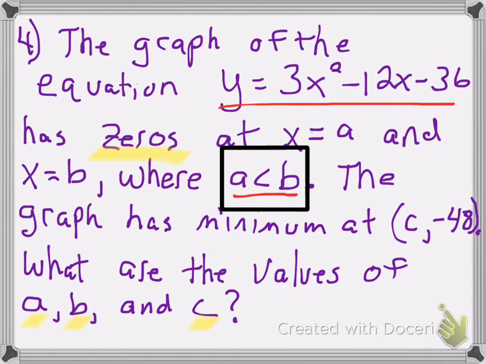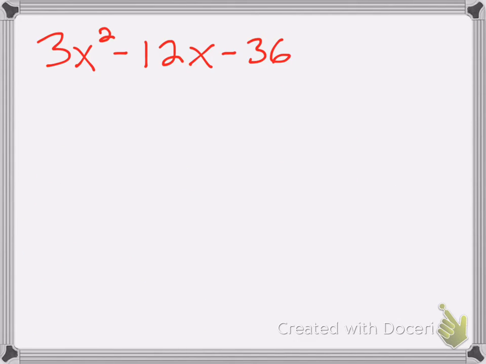That's the important part of this problem. I keep going back and forth because I have to make sure I wrote down the correct problem. Okay, so with this, I'm going to use what I've taught you. I'm going to set it equal to 0. That's the first thing. We're finding zeros. It only makes sense to set it equal to 0.